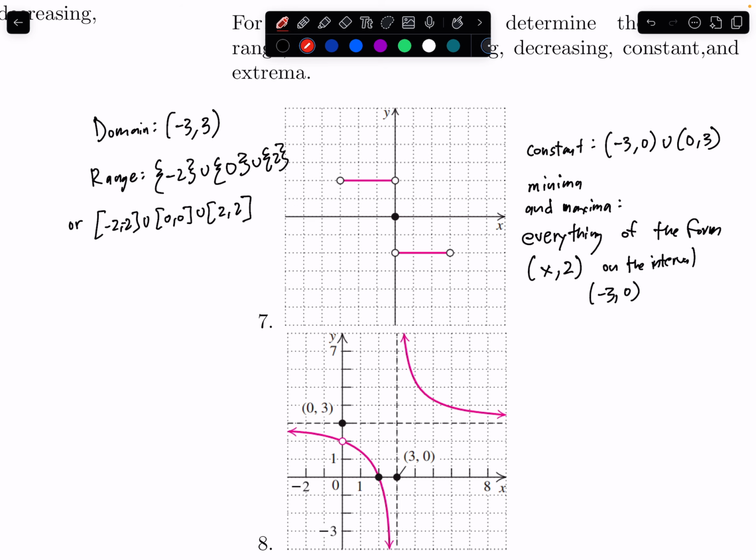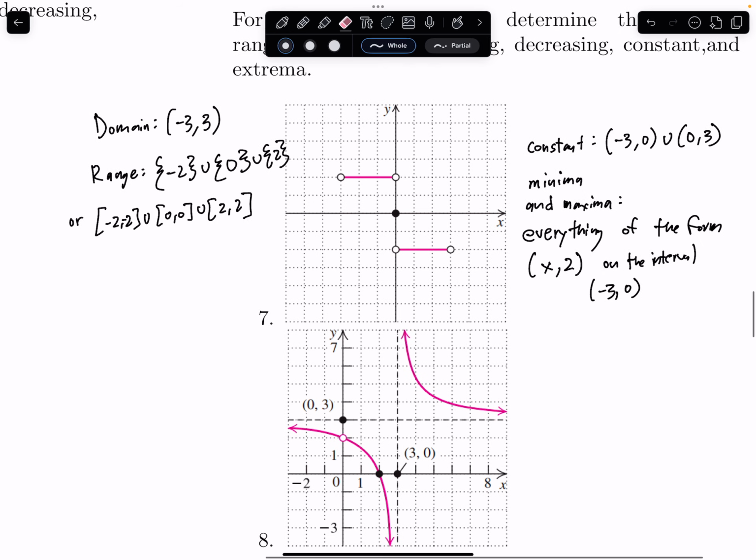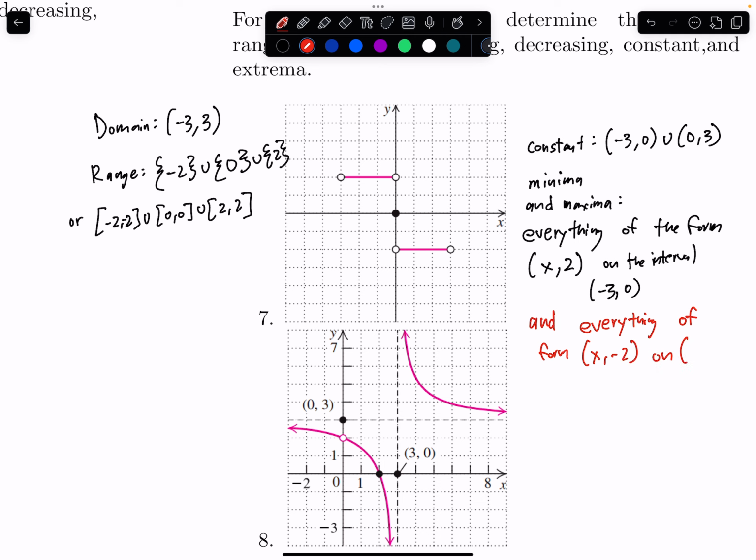That's both a minima and maxima for all of those points. And also minima and maxima, everything of the form x comma -2, from 0 to +3, not including 0, not including 3, so it's open. Right? So, okay, sweet.